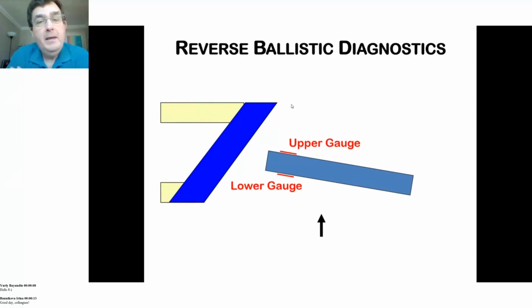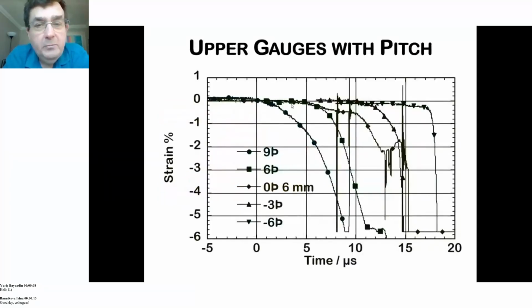And here is the variation of strain with the angle. Now, the details of this are not so important. The main thing is, on the upper gauge, 9 degrees, the one at the top with the circles, dips down very quickly. -6 degrees stays flat for a very long time.